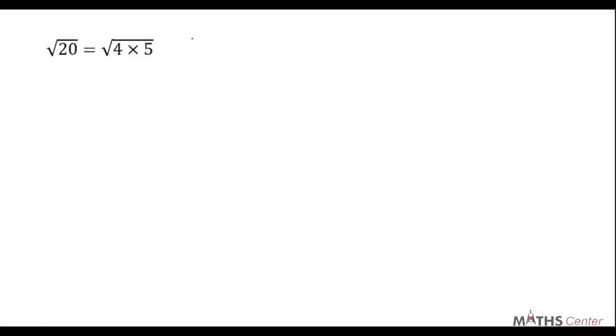If you list the factors of 20, they are 1, 2, 5, 10, and 20. Oh, sorry, we have to add 4.